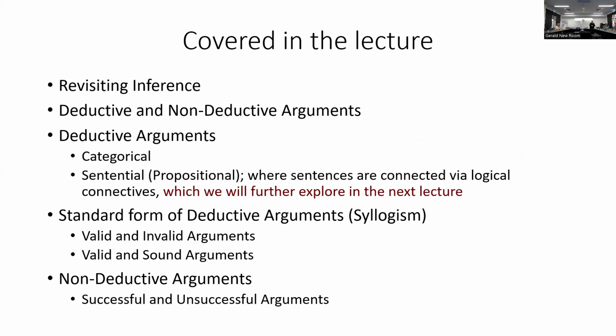Then we are going to look at the standard form of deductive arguments again. Remember, we talked about the standard form last week. And then I'm going to explain valid and invalid arguments and valid and sound arguments. And then we look at non-deductive arguments, and I will stress this several times: non-deductive arguments cannot be valid or invalid.